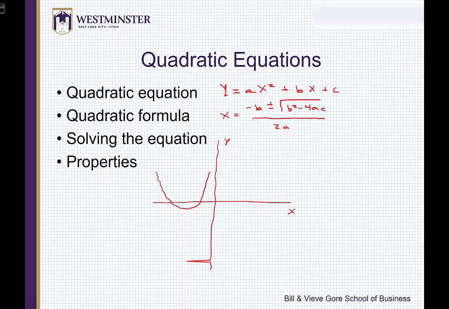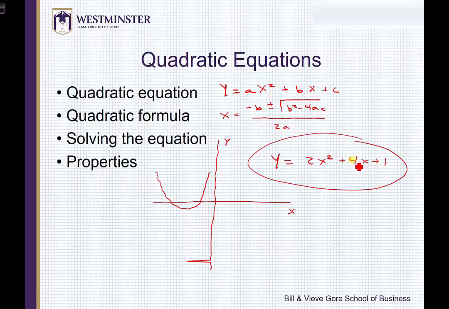So let's go ahead and select an equation, which we'll call y is equal to 2x squared plus 4x plus 1. This is the quadratic equation that we will solve using the quadratic formula.